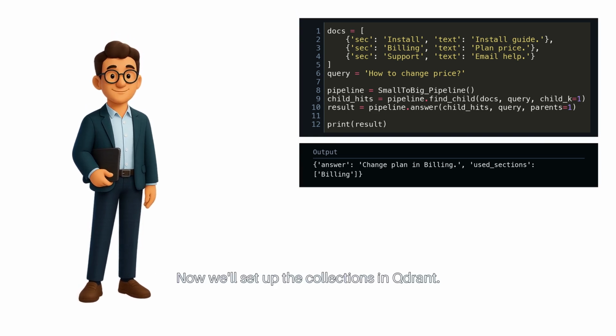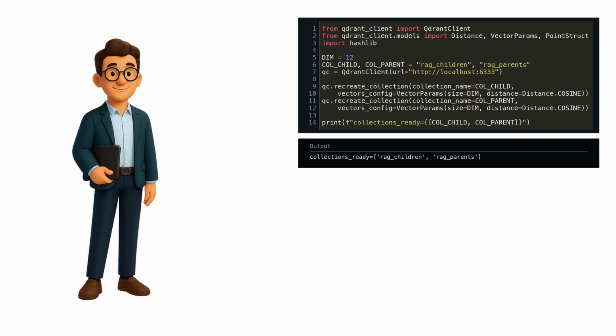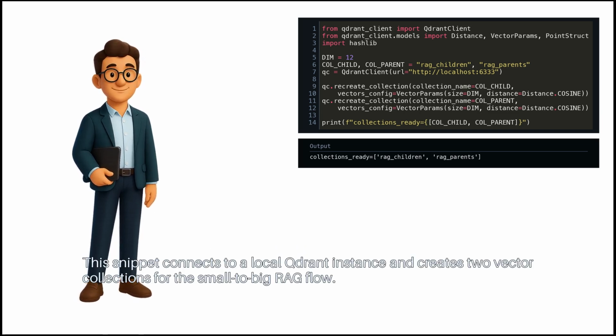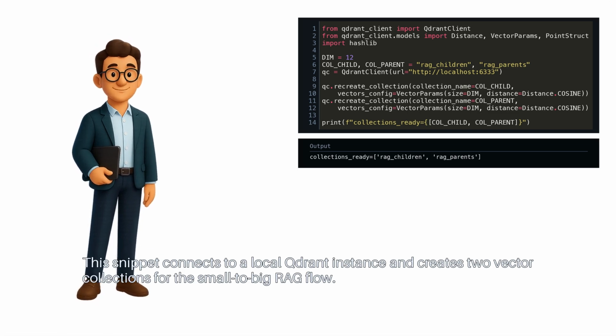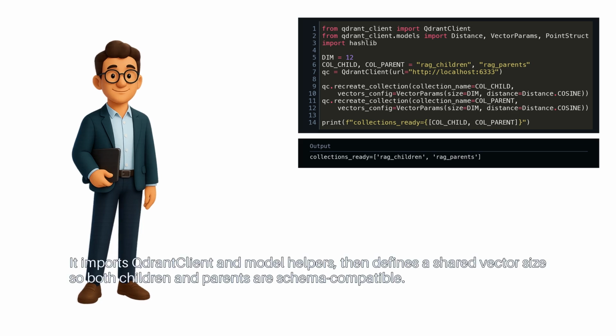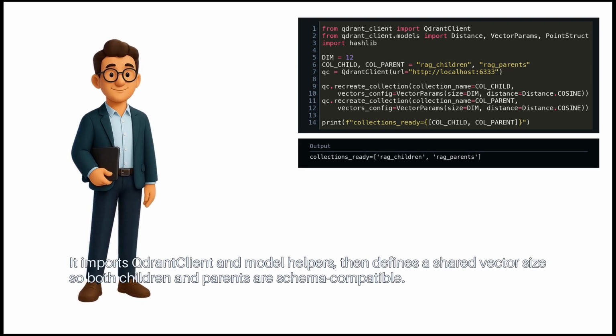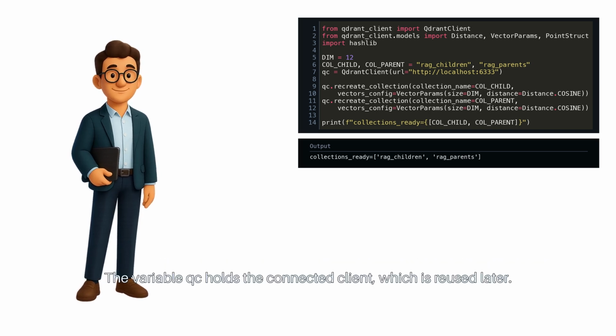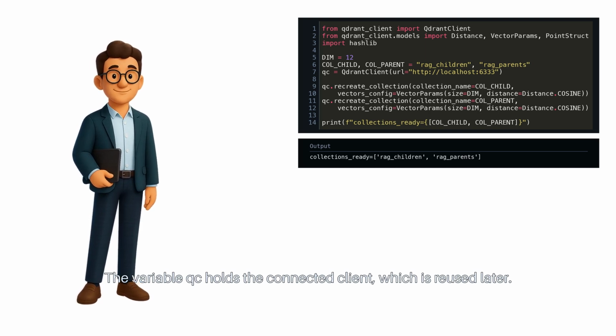Now we'll set up the collections in Qdrant. This snippet connects to a local Qdrant instance and creates two vector collections for the small to big RAG flow. It imports QdrantClient and model helpers, then defines a shared vector size so both children and parents are schema compatible. The variable qc holds the connected client, which is reused later.